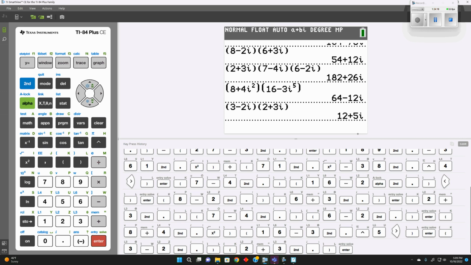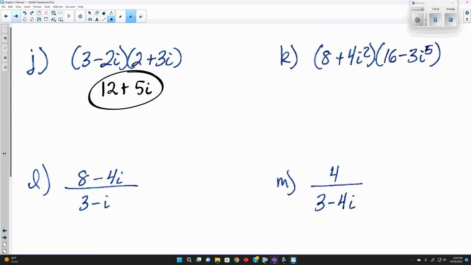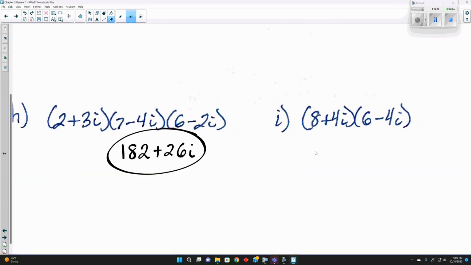Okay. So our 64 minus 12i is this one here. I did that one a step early. That probably confused some of y'all, because this one here is (8 plus 4i) times (6 minus 4i).